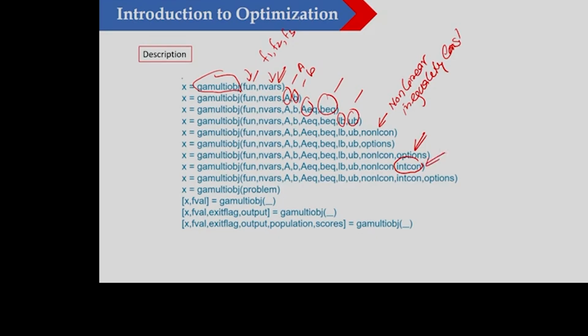What I get from this function is the optimal value of x, that is, x star. I can also get the function value, then the exit flag, the other output, and the population scores. That I can get as output when using this multi-objective GA function.